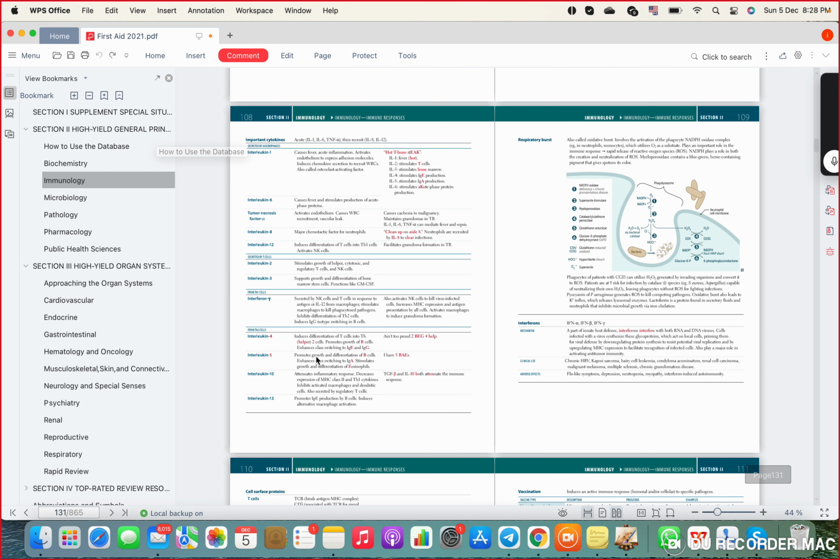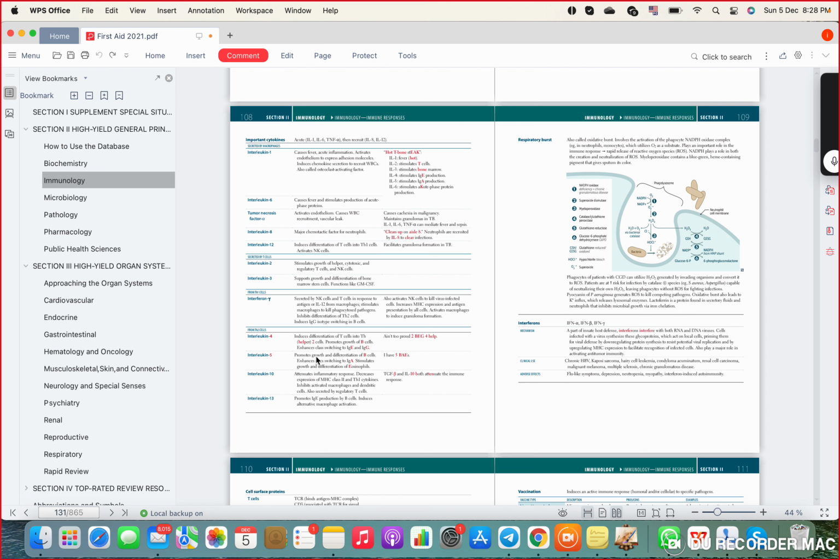Can you tell me the function of the interleukins one by one, quickly? Okay, IL-1 is an acute phase cytokine, doc, and also an osteoclast activating factor. IL-2 is basically for producing more T cells and natural killer cells. IL-3 acts like a GM-CSF, doc.